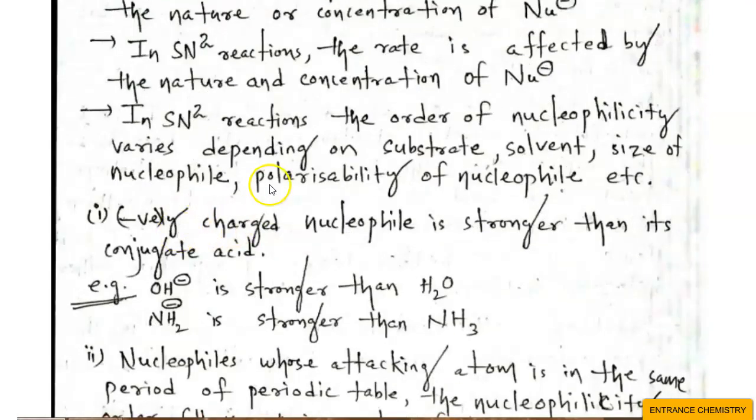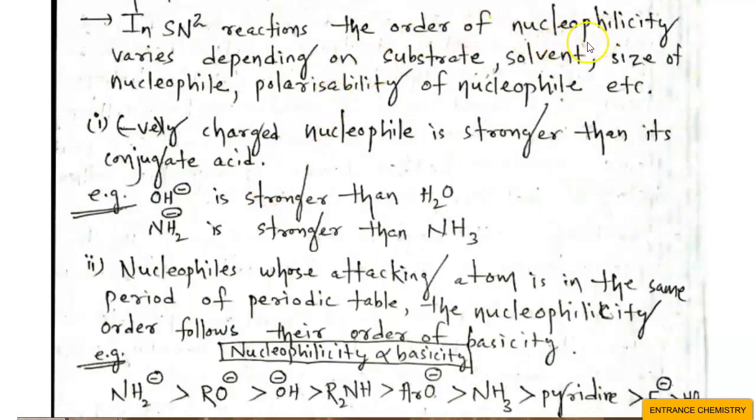In SN2 reactions, the order of nucleophilicity of the nucleophile varies depending on substrate, solvent, size of nucleophile, polarizability of nucleophile, etc. When substrate and solvent are the same but nucleophile is different, then how will the reaction go?